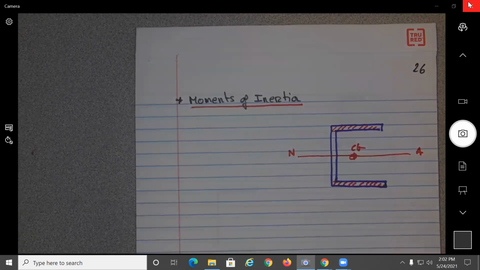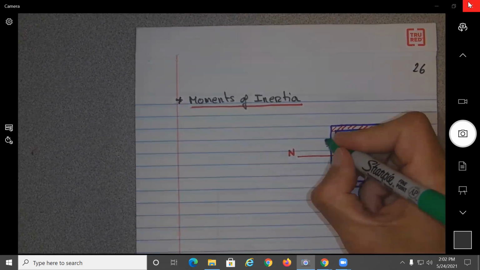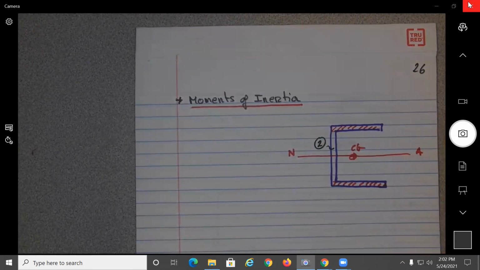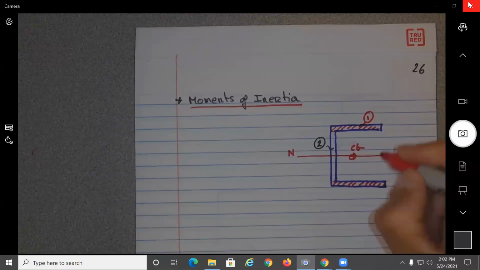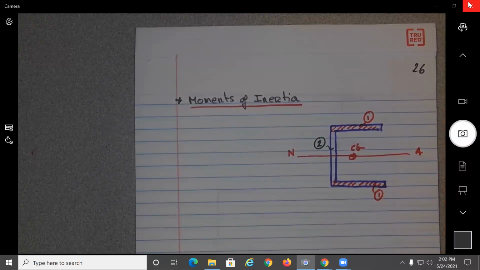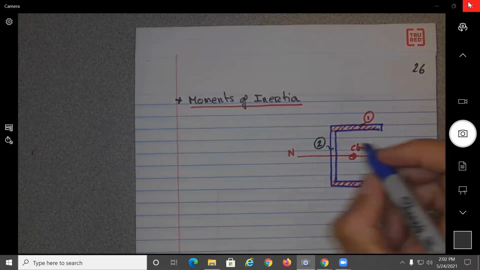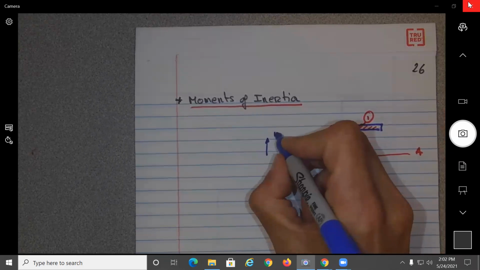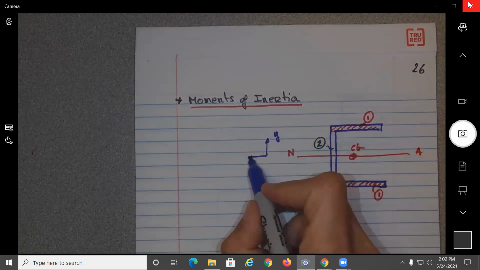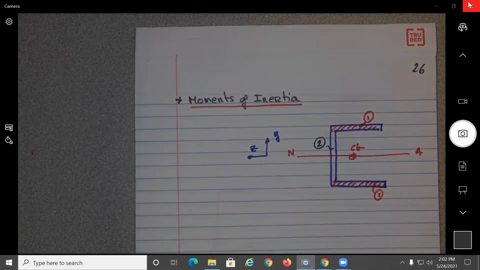This is the 2 over here. This is the 1 and the 1. And remember, our current system is, like always, Y and Z.